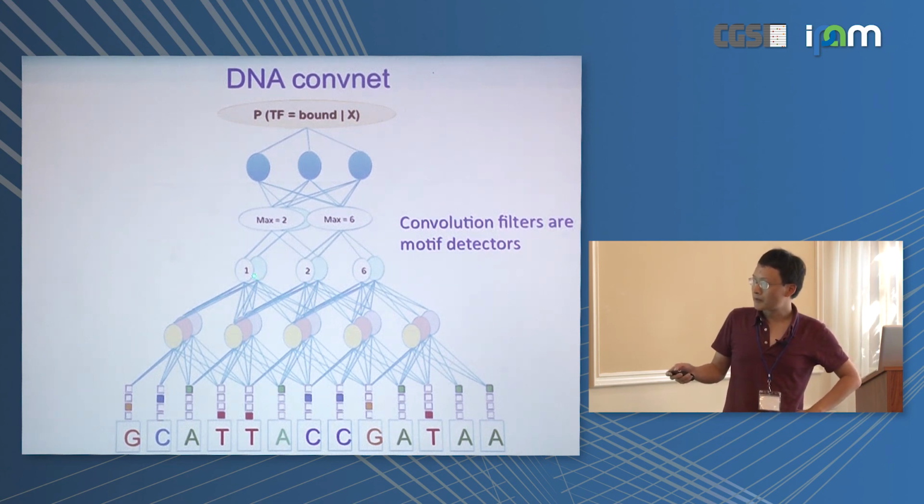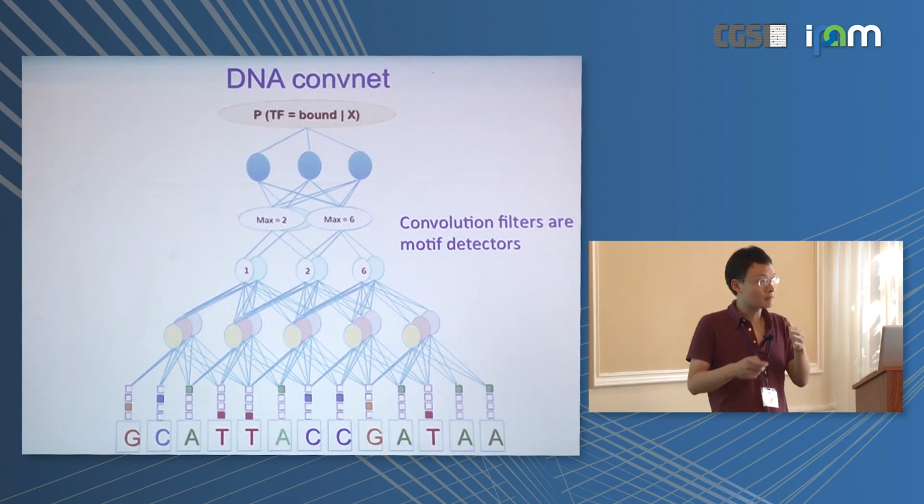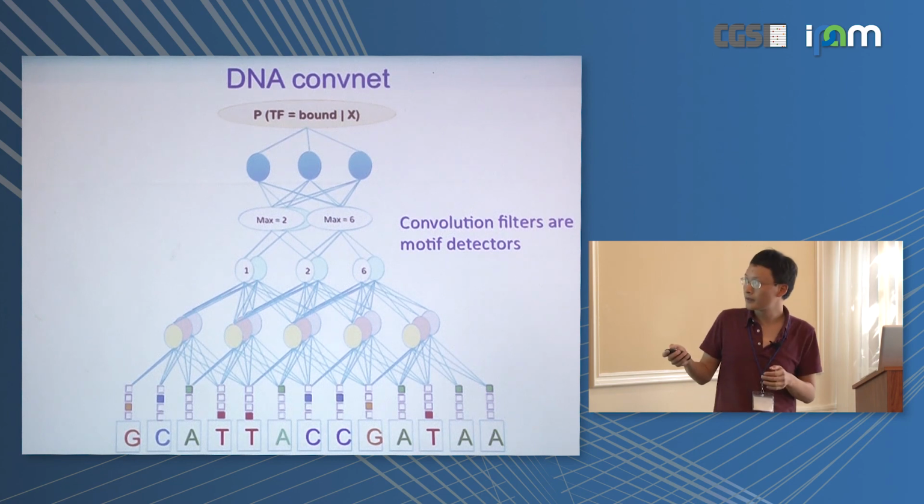Then the output of the filter, after thresholding, is some quantification or count at that particular location: did that filter detect this particular motif or not? That's going to be the output.